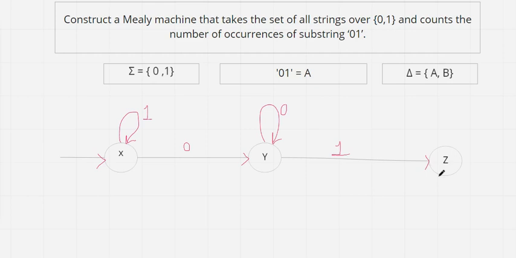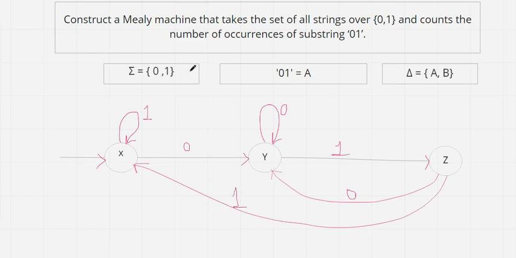So for 0, I can take a transition from Z to Y, and this transition will be the input 0. And for 1, I cannot take a transition from Z to Y, because if I take a 1 transition, then it will be 01, and I'm thinking of that as the accepting output, so I cannot take a transition from Z to Y. What I can do is take a transition from Z to X, so it won't affect my language, and this will be named as 1. I'm done with the automata design.